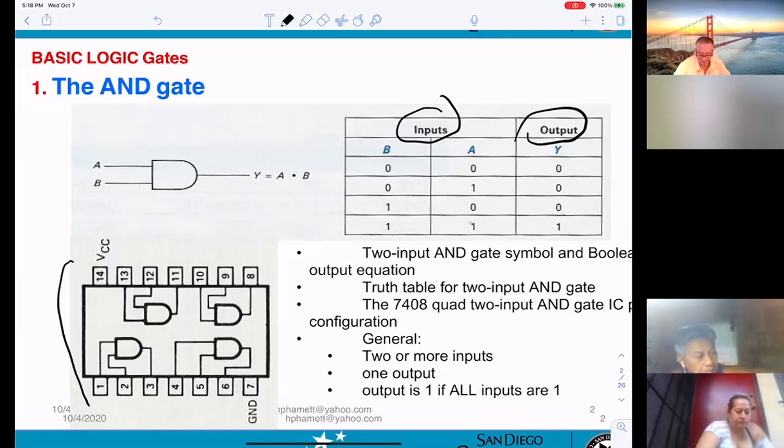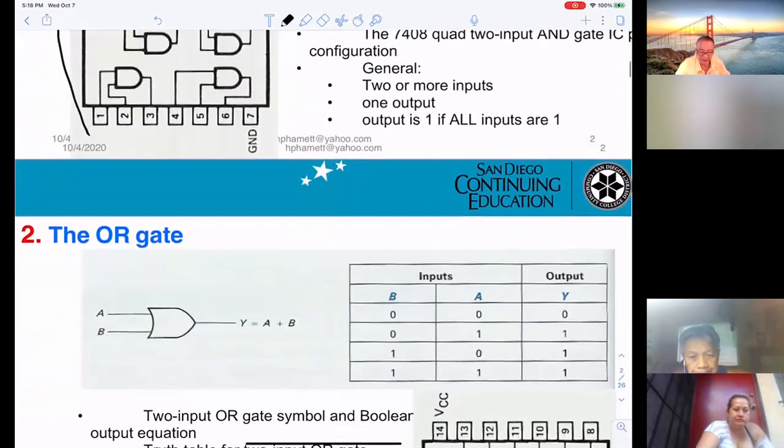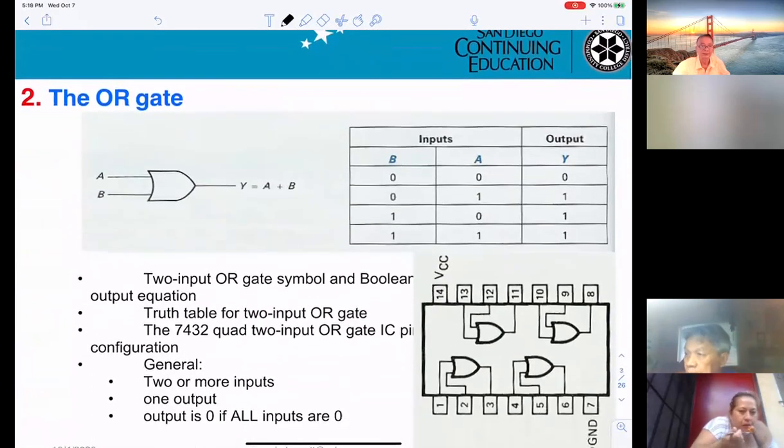That's the end of that one. The next gate, same thing, is OR. The symbol shows you the OR gate, with two inputs A and B, and the output Y equals A plus B. We say A or B. The truth table also tells you each input and the output.